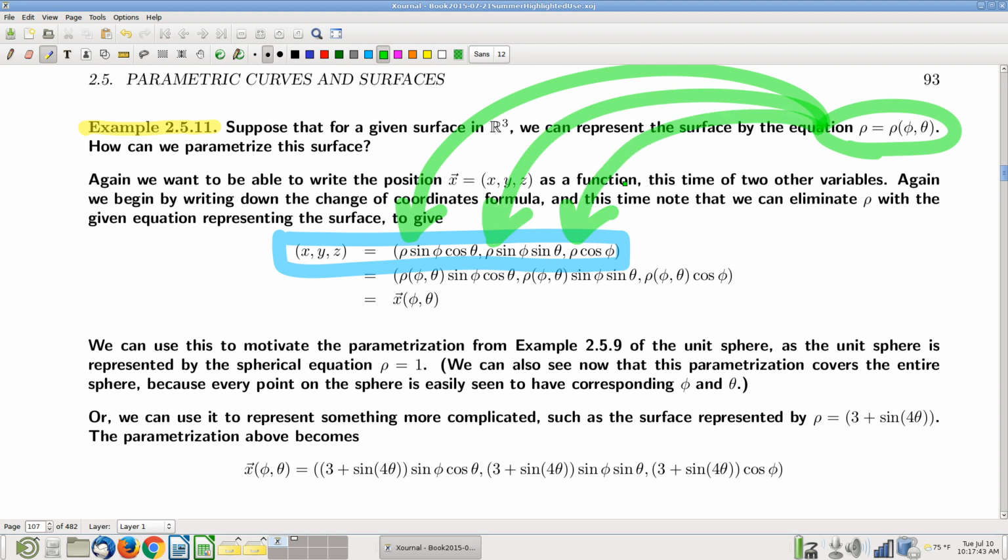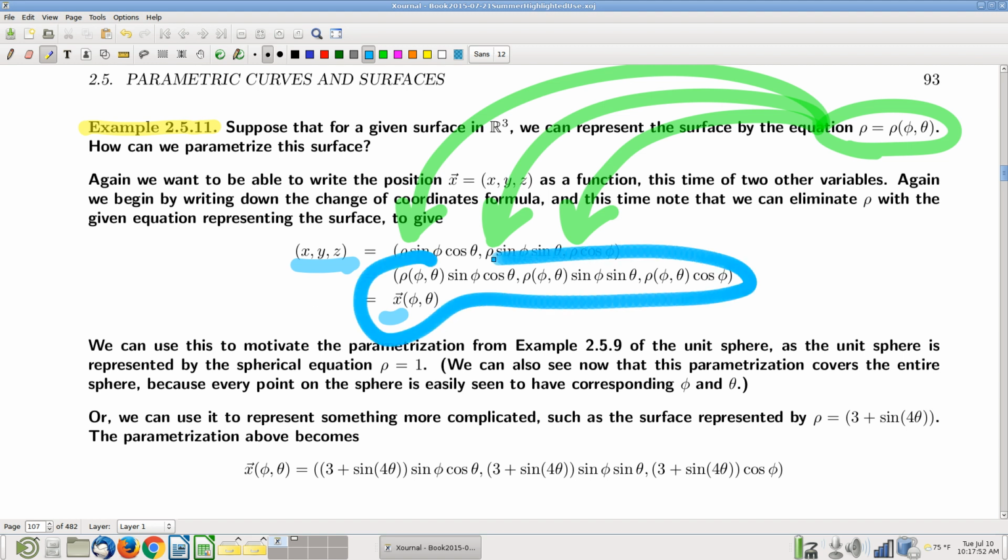Then the rho disappears, and again you have position x as a function of just phi and theta, thus giving you what you might call the spherical graph parameterization of this surface. Everybody see that move? Feel free to ask a question. Is everybody happy?